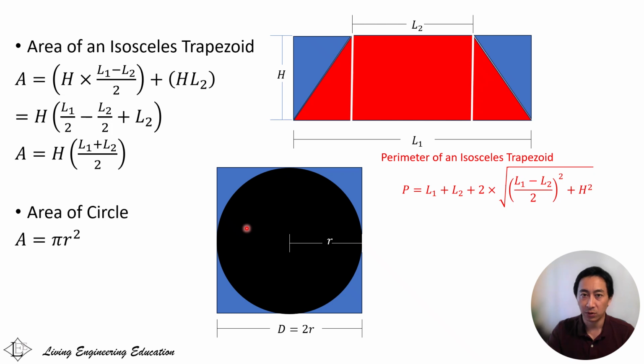So from the previous slide, we know that the area of a square or rectangle is the height times the length. In this case, because it's a square, it would just be the diameter or the length squared, right? So 2r squared. So that's equal to 4r squared. 4r squared is larger than 3.14r squared.